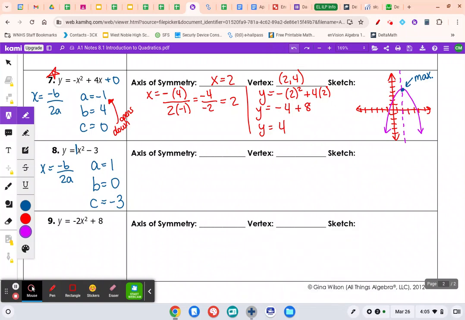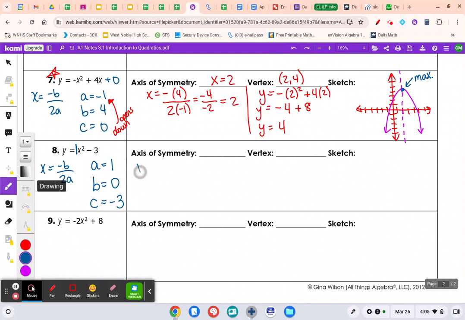So we're going to go ahead and plug this information in. This tells us that x equals negative 0 over 2 times 1, making x simply equals 0. Okay?